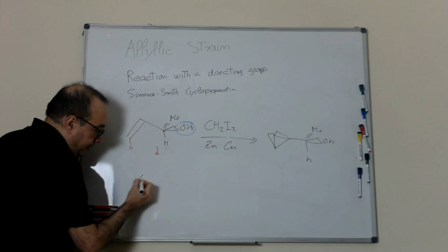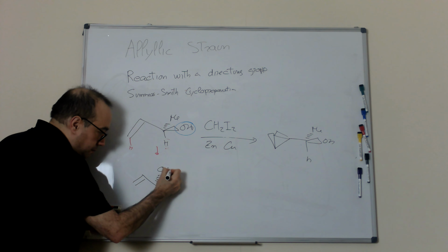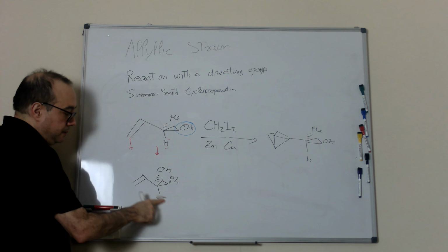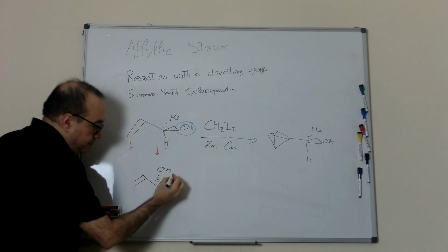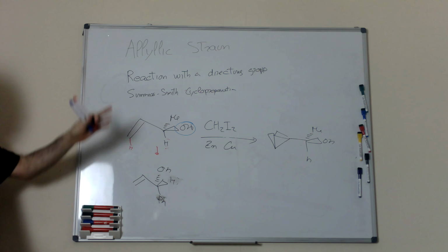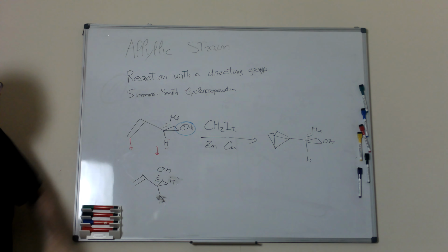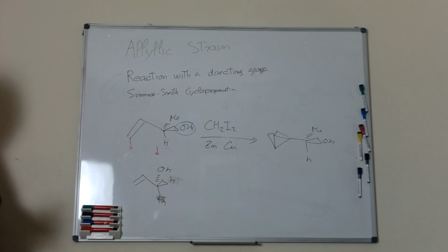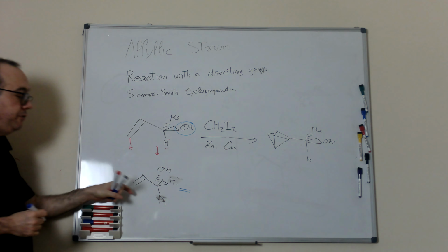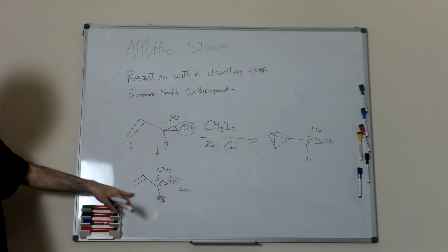Okay, if I have another example, for example, I have this compound. Okay, I have this compound, I am doing exactly the same reaction, the Simmons-Smith cyclopropanation. What do I have to do? Okay, first I have to transform this into the lowest energy conformation. How do I do it?